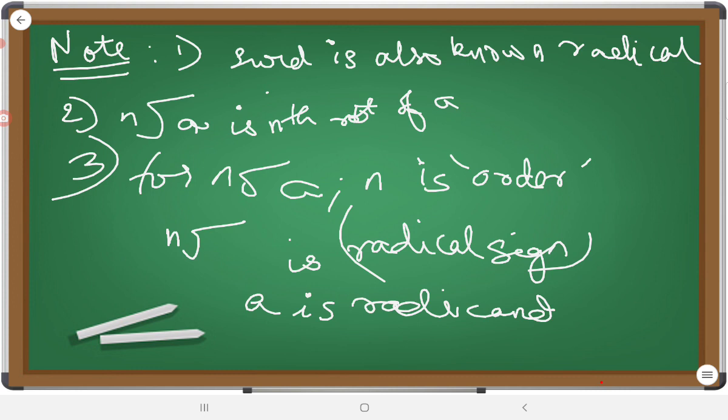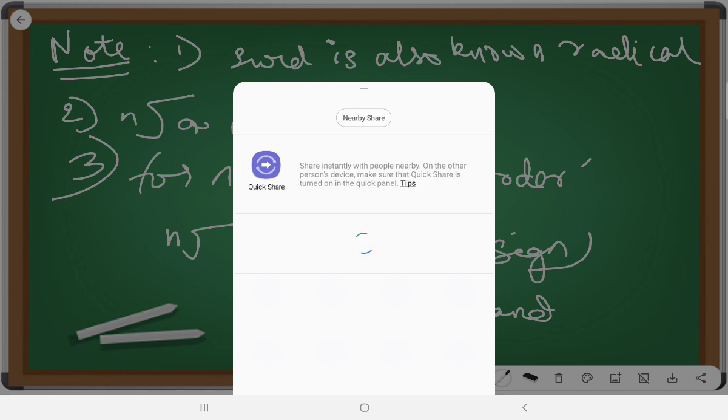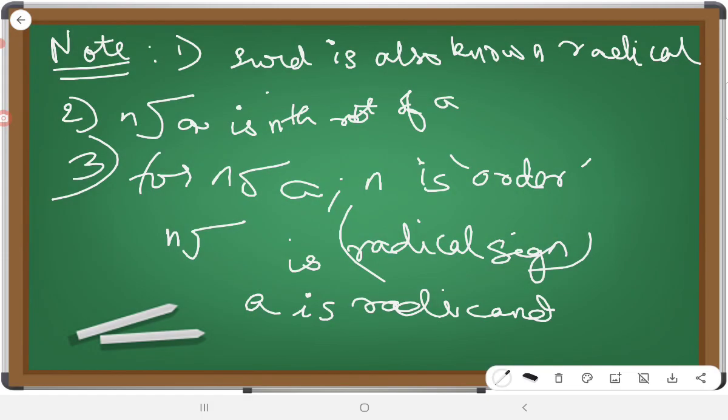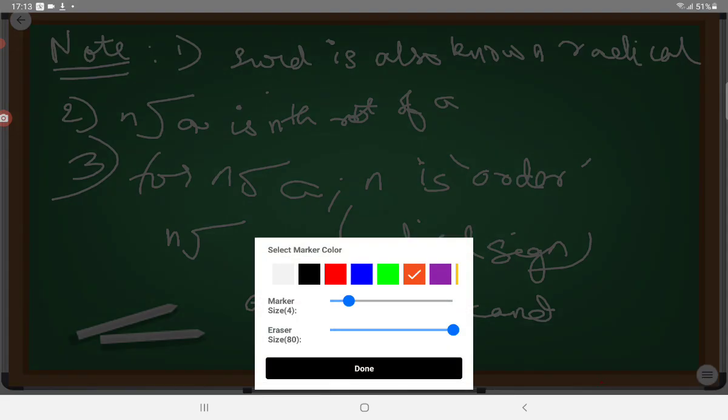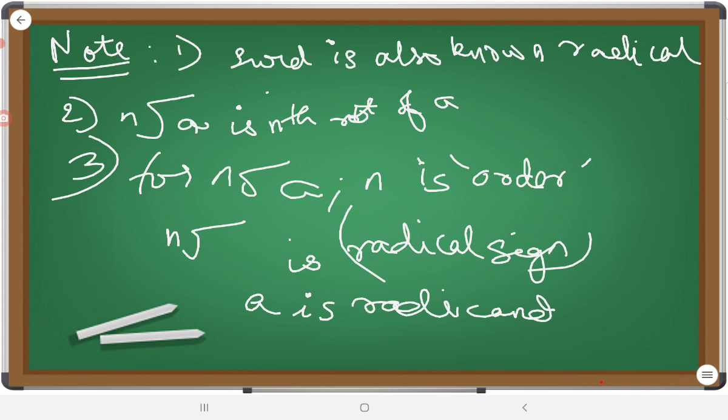Now let me take a small example: the fifth root of 81.